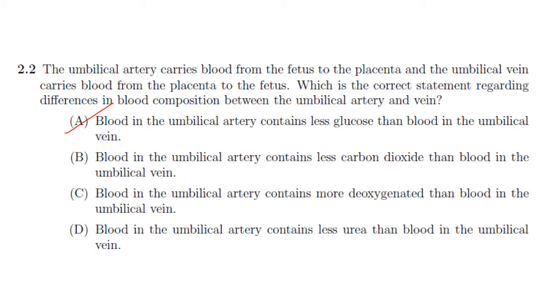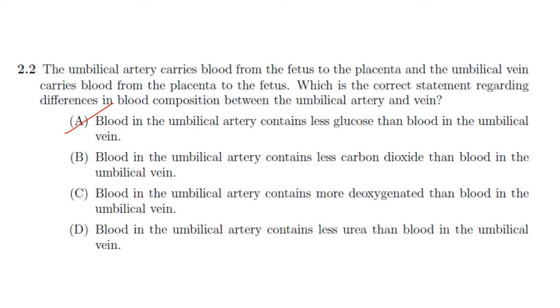Next one. The umbilical artery carries blood from the fetus to the placenta, and the umbilical vein carries blood from the placenta to the fetus. Which is the correct statement regarding differences in blood composition between umbilical artery and vein?